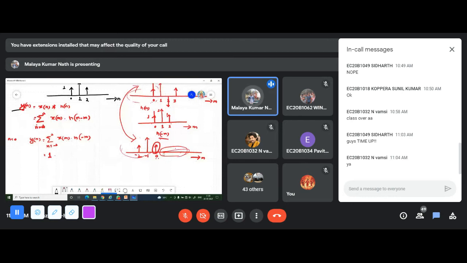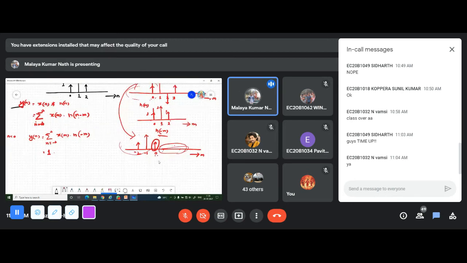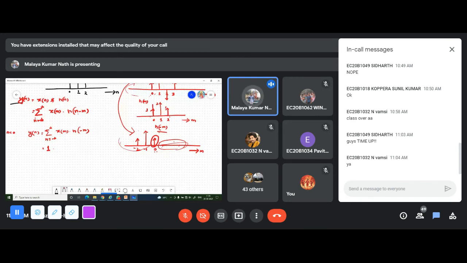Now look at here. Now I will shift the rotated signal by 1 unit, so that n becomes equal to 1. What will be the formula? Your formula will be y of n equals the summation of x of m into h of 1 minus m, from minus infinity to infinity. So what is h of 1 minus m?